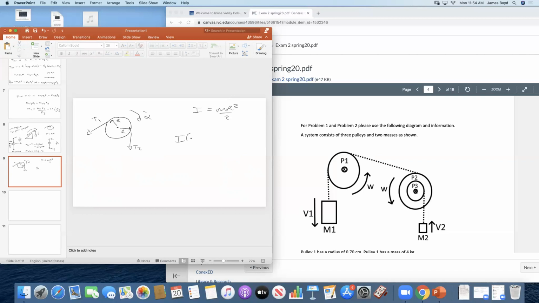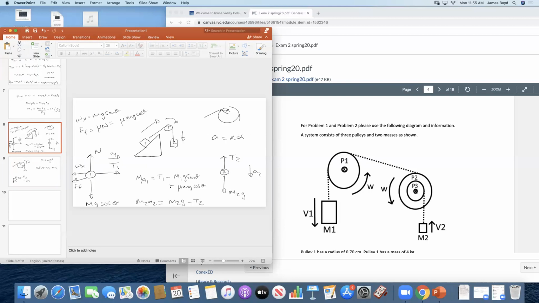We write I times negative alpha is these two torques. Doing the torque diagram, I can just say R T1, and that is positive. It's trying to rotate it positively. R T2, and this is negative. If I try to turn with T2, I'm rotating clockwise. That's negative. So this is R T1 minus R T2.